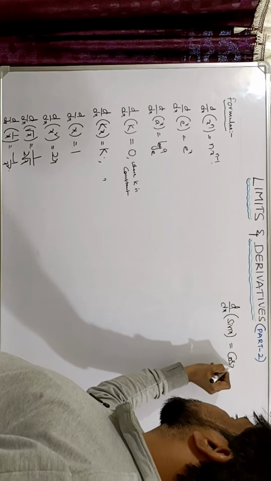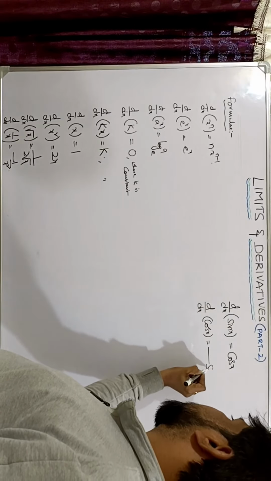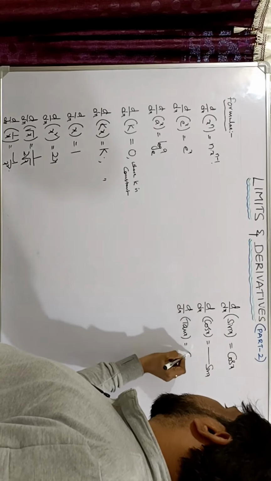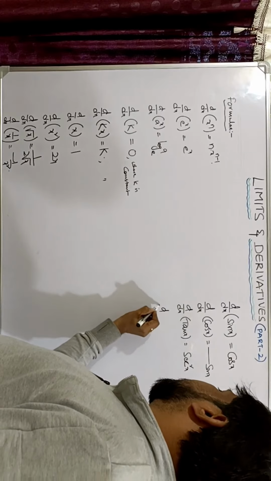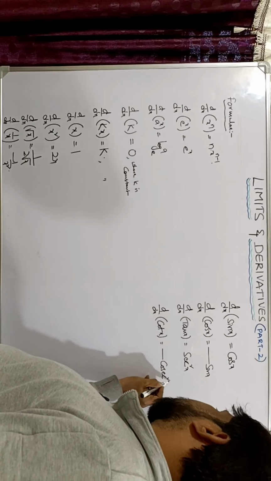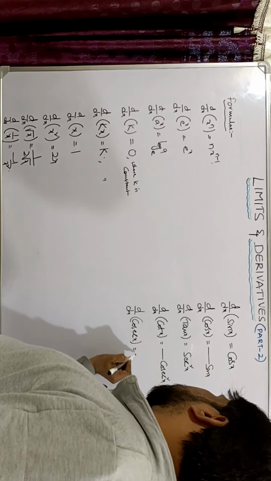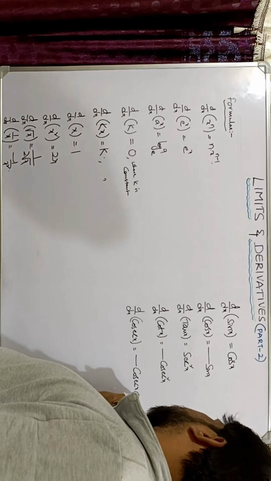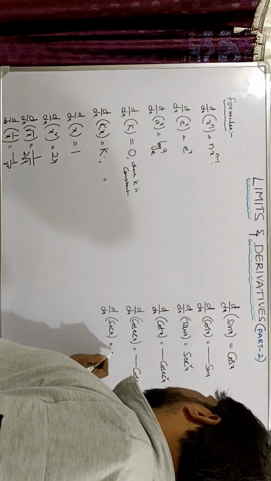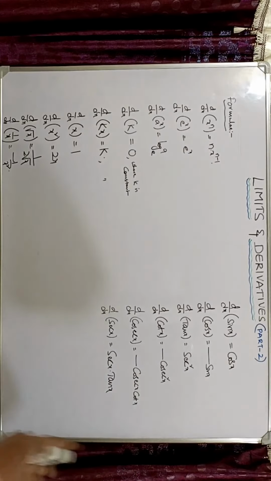The formula is cos x. d by dx of cos x is equal to minus sin x. d by dx of tan x is secant square x. d by dx of cot x is minus cosecant square x. d by dx of cosecant x is equal to minus cosecant x into cot x. d by dx of secant x is equal to secant x into tan x. These are the next layer of formulas.